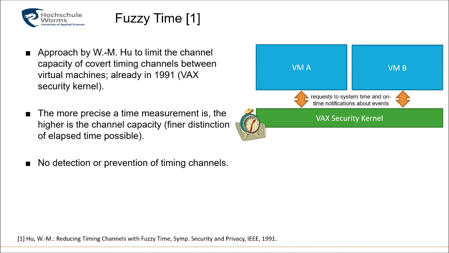And the idea here, in comparison to the shared resource matrix methodology and the covert flow trees, is to limit covert timing channels. It's not a detection and not a prevention approach, but it limits the channel capacity of covert timing channels. So the idea is here that there are two isolated virtual machines, and the assumption is that they cannot communicate directly with each other.